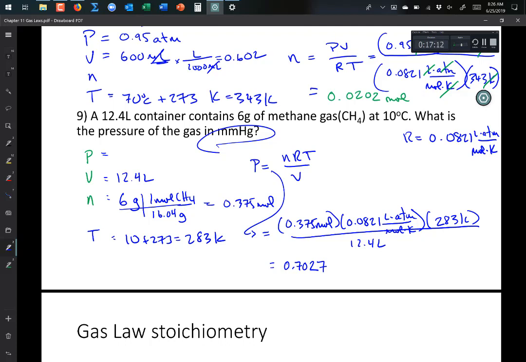Good. That's in atmospheres. And then it's 760 millimeters of mercury is 1 atmosphere. And so that's 534 millimeters of mercury. There you go.